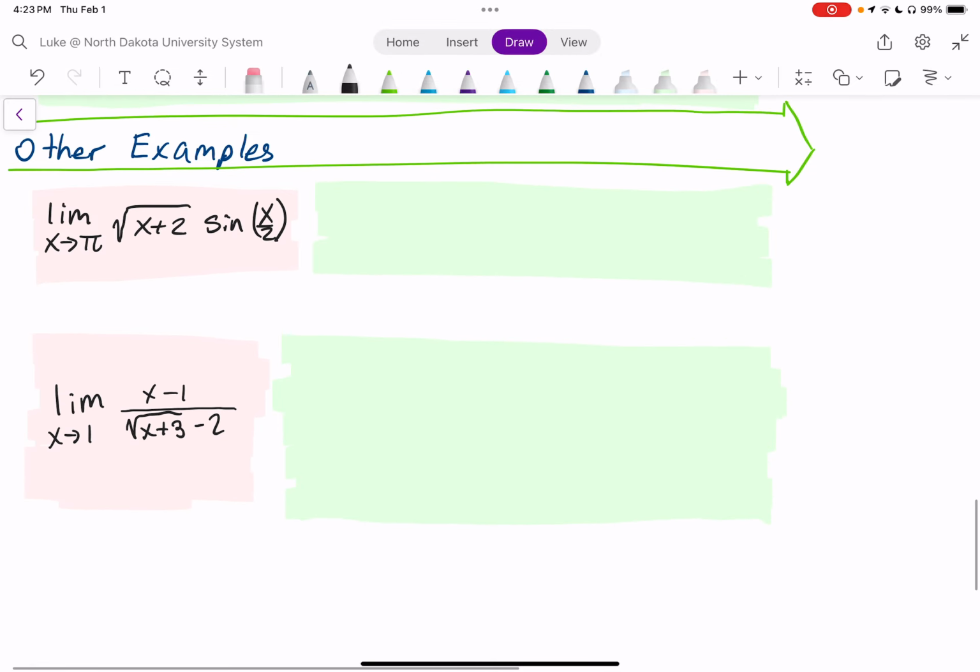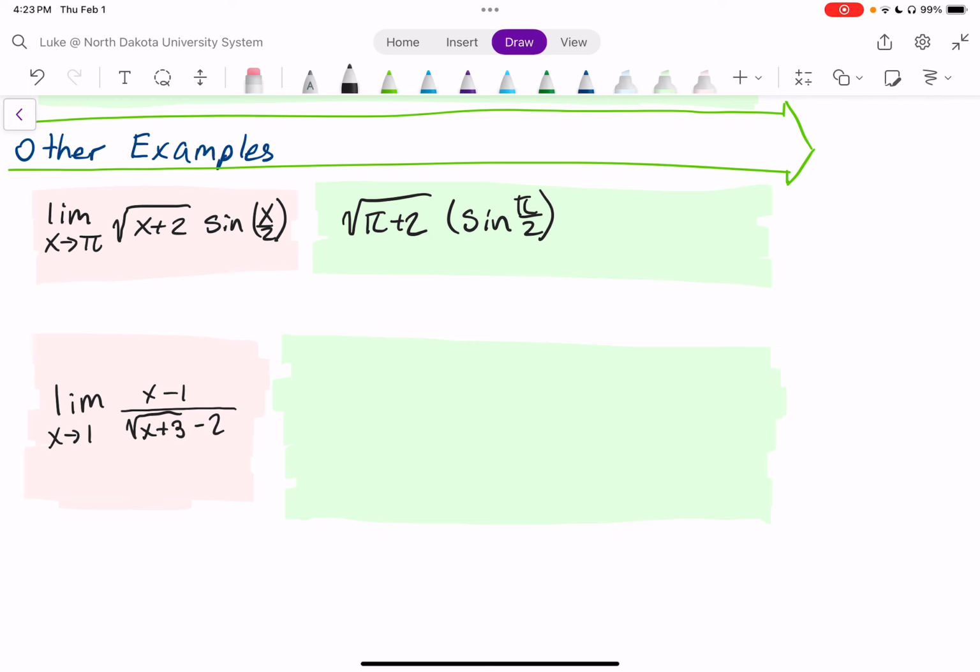And I have a couple other examples because these problems can come in all kinds of different forms. They can have trig involved, so I'm going to do one of those. The same thing, we're just going to sub in and then simplify. So I'm going to sub in here the square root of pi plus 2 times sine of pi over 2.